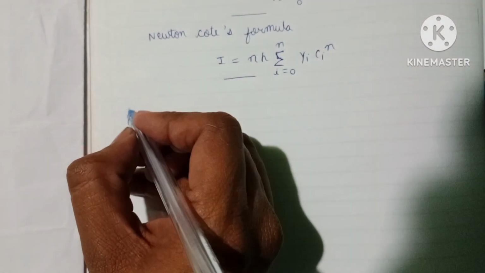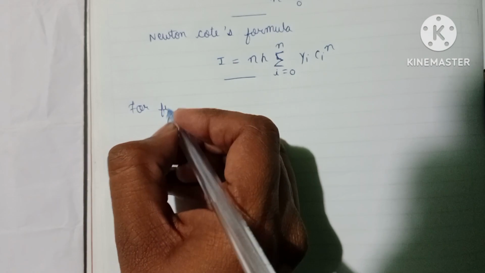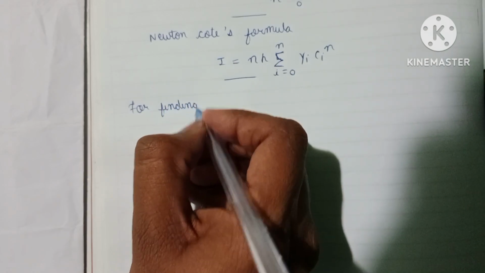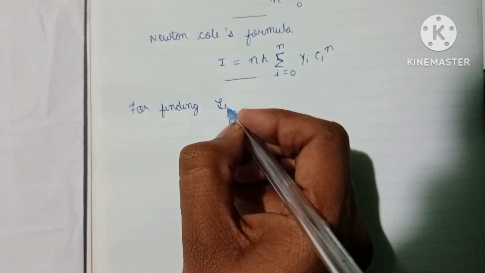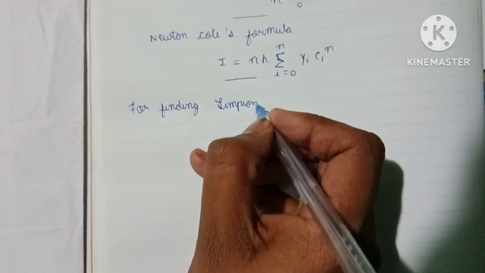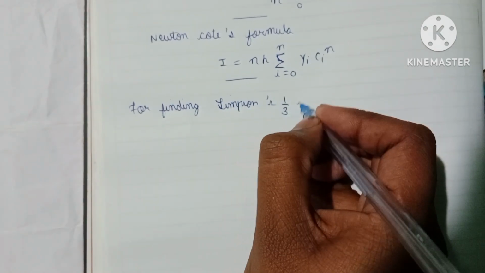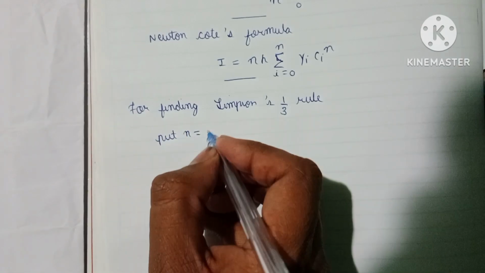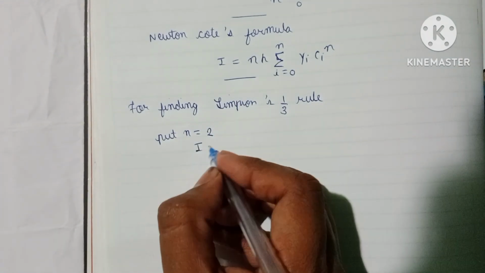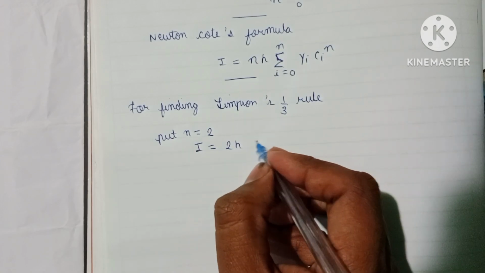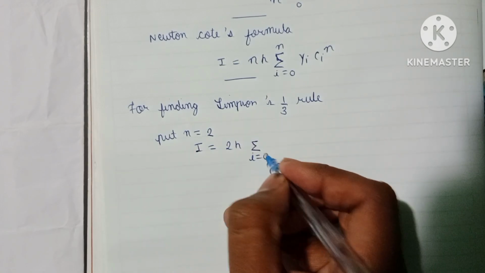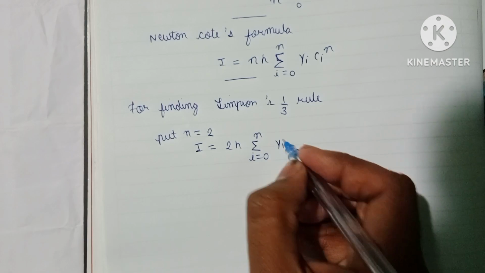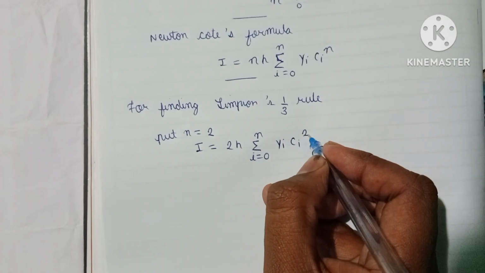So for finding Simpson's 1/3 rule, put n equal to 2, which gives I equal to 2h sigma i equal to 0 to n of y_i C_i^2.